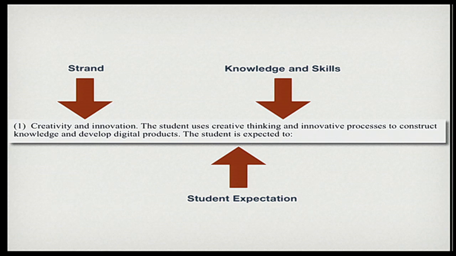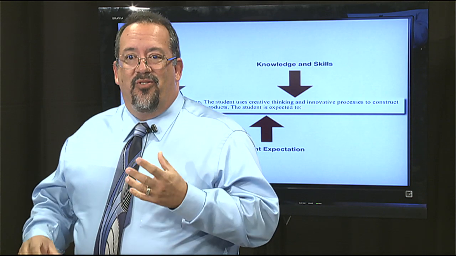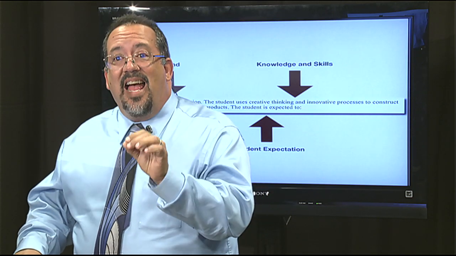The second part of the knowledge and skills statement is the actual knowledge and skills statement: The student uses creative thinking and innovative processes to construct knowledge and develop digital products. That's the knowledge and skills statement part of the strand. And each one of these is exactly the same.